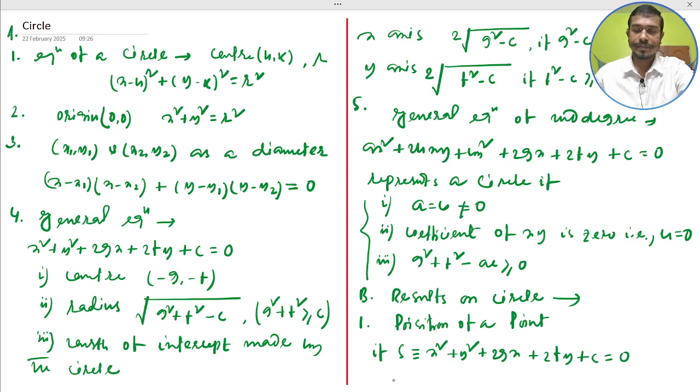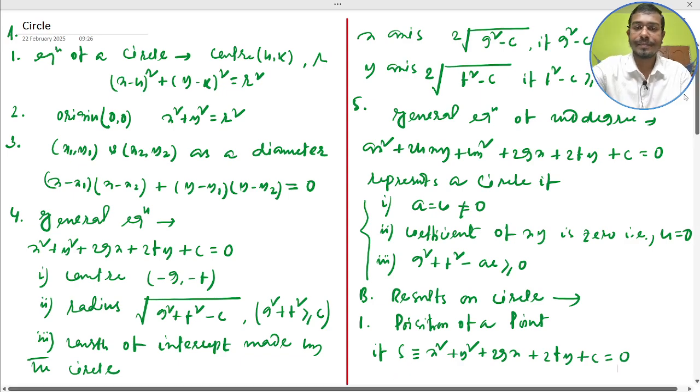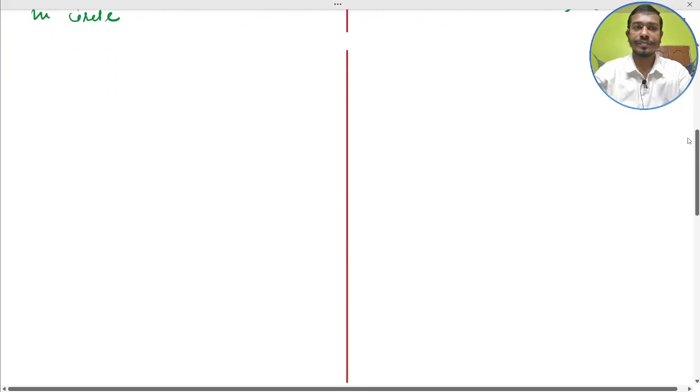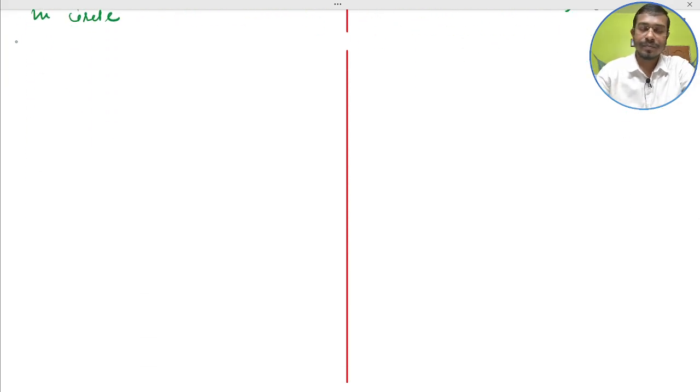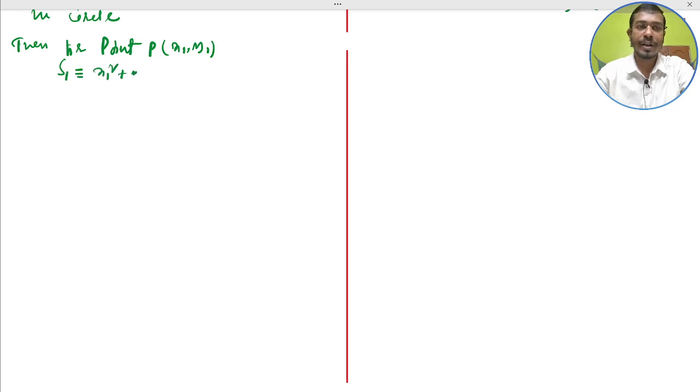then for point P, that is (x1, y1), S1 is equivalent to x1 square plus y1 square plus 2gx1 plus 2fy1 plus c.